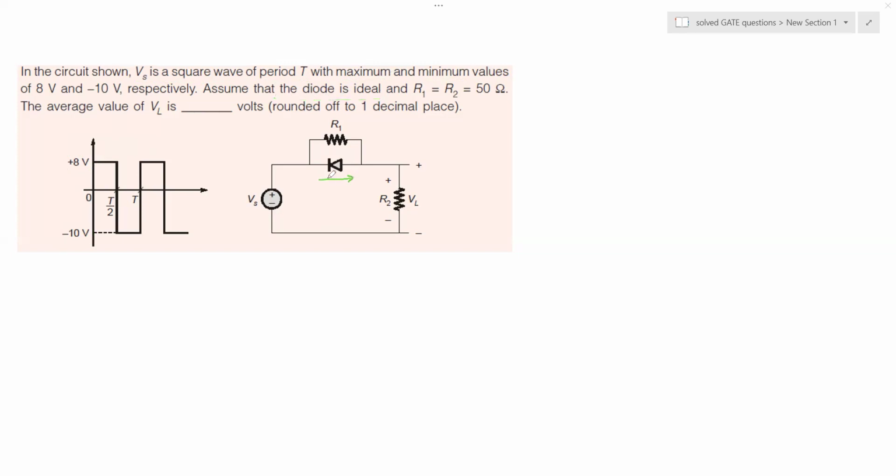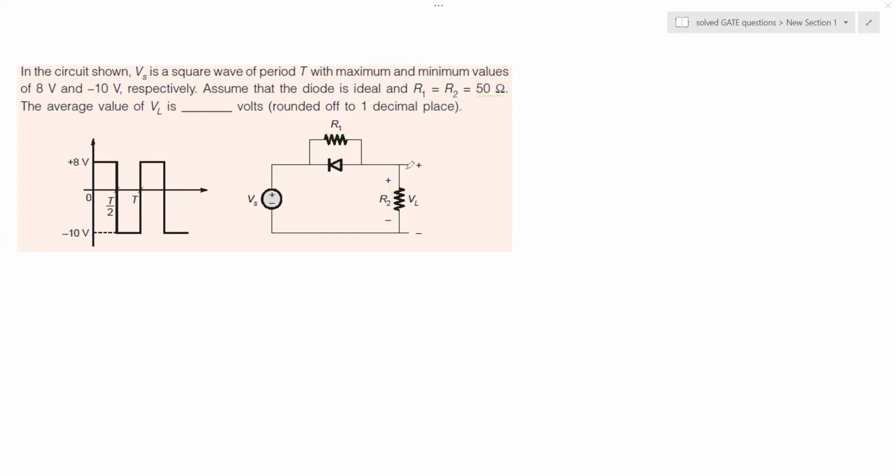So when we say this diode is an ideal diode, it doesn't have any turn on voltage, which is commonly found in practical diodes of silicon, germanium, etc. They have their minimum threshold voltage, which the external voltage applied needs to overcome in order to make it on. And the resistor values are given, each R1 and R2 about 50 ohm.